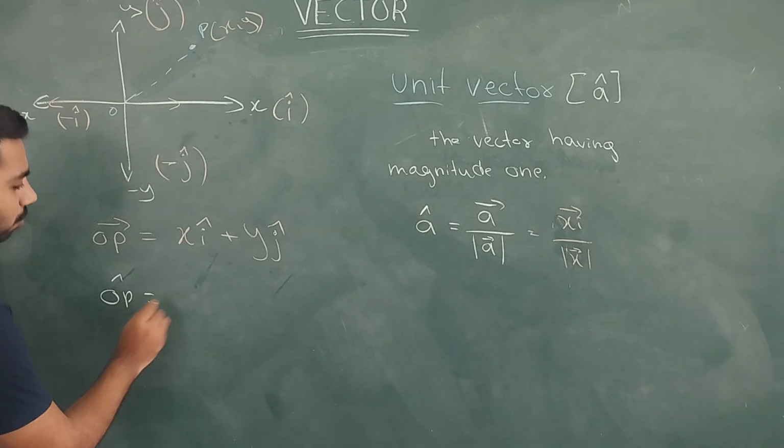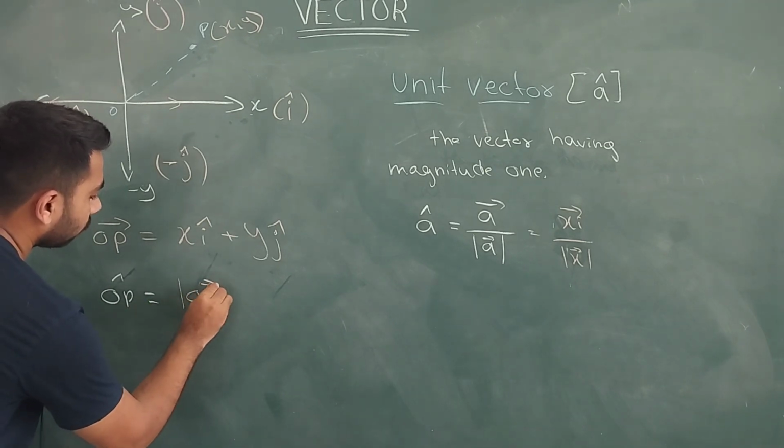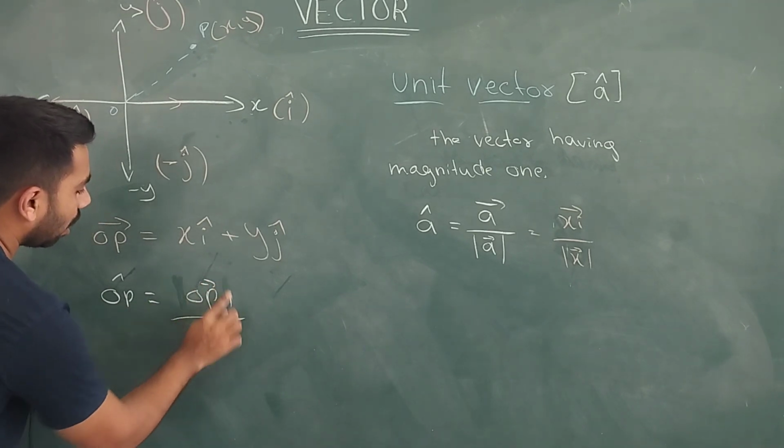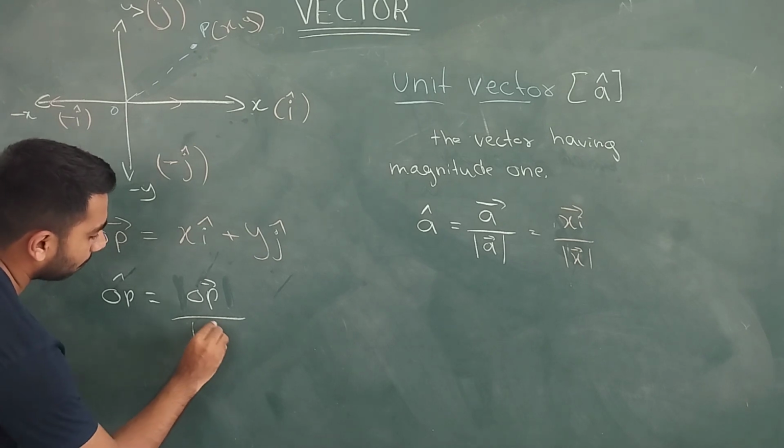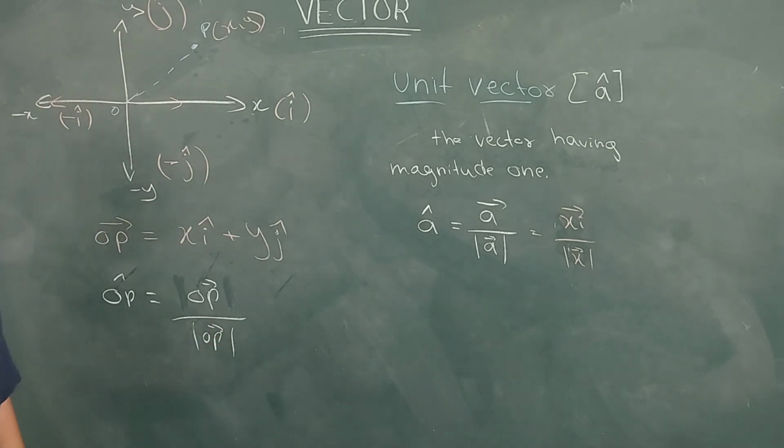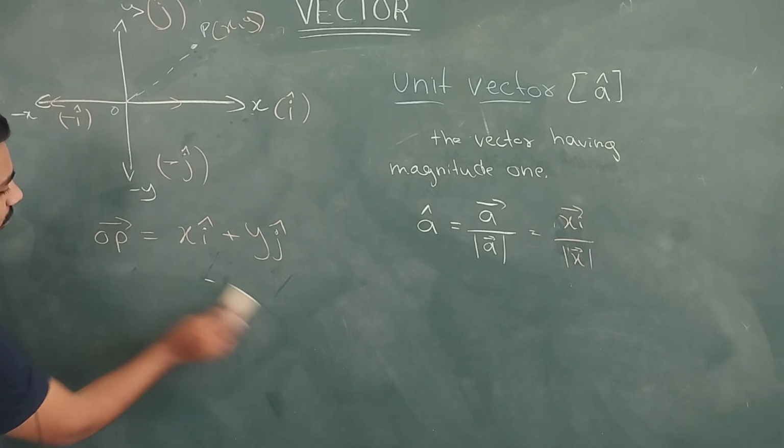Unit vector cap is equal to... That's it. Okay, fine.